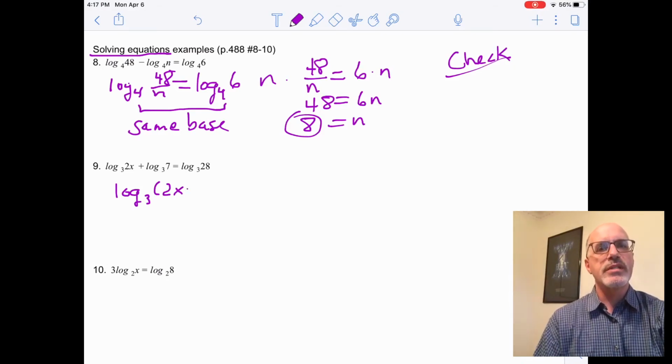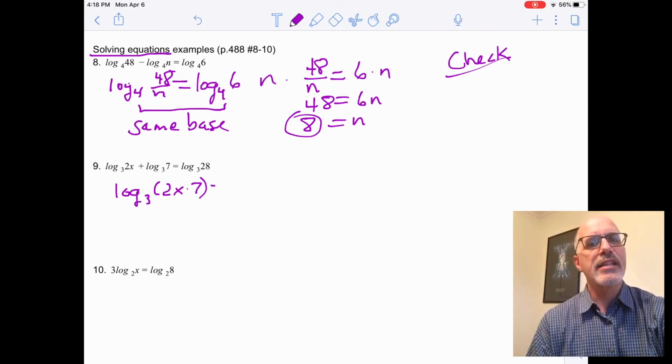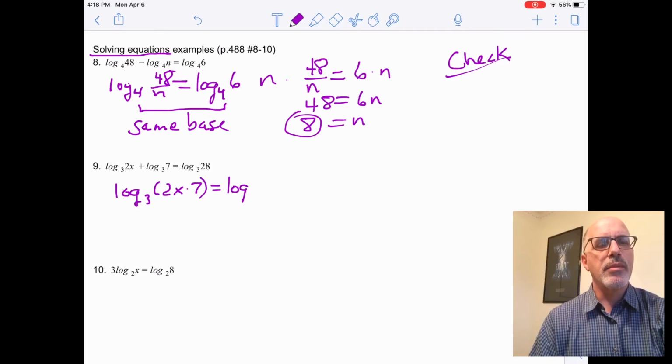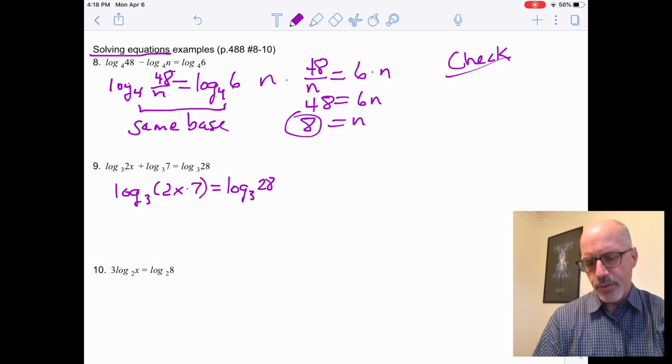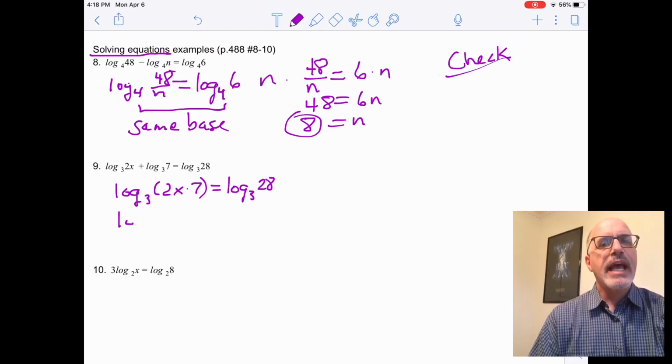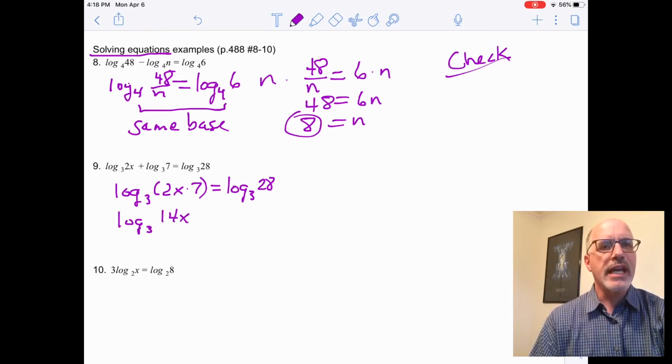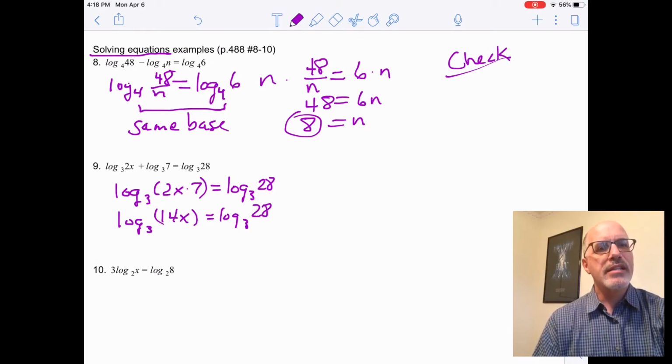So this next one, since it's addition, we're going to take the two things that are inside the logs and multiply them. So we take that 2x times 7, and the 2x times 7 is going to be 14x. Those are the inside parts of the two logarithms multiplied together. Now on both sides of this, they both are log base 3.